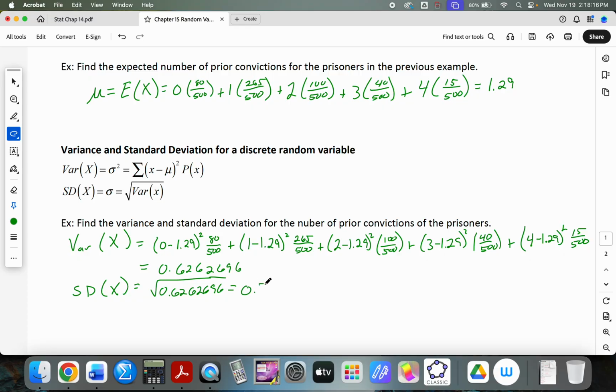This makes perfect sense. One thing to notice on this is that because we're squaring this, it doesn't matter whether you put the 0 first or the 1.29 first. I mean, the formula says it one way, but if you reverse that, you're squaring it anyway. It doesn't matter.